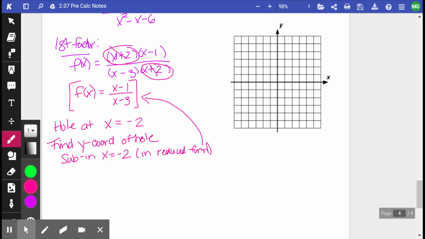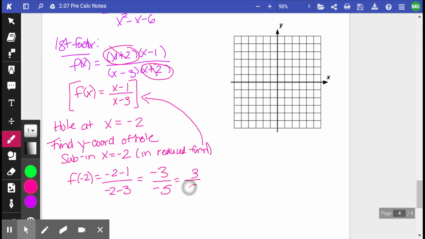Now, a hole is a point on the graph where the graph doesn't actually exist. But we can find the coordinates of it. So I'm going to take f of negative 2. So I'll do negative 2 minus 1 over negative 2 minus 3. Again, using that reduced form. Get negative 3 over negative 5.